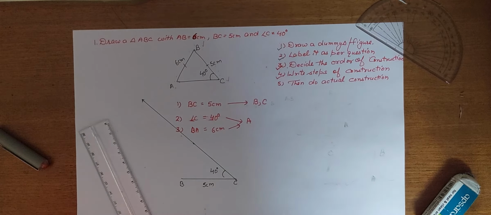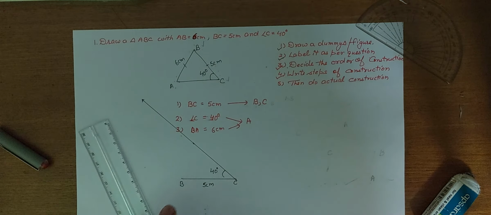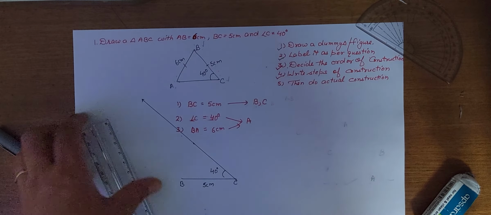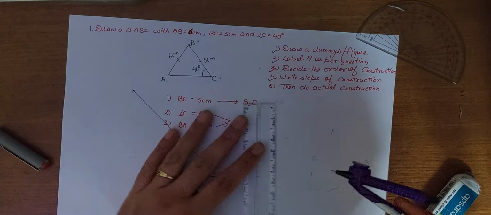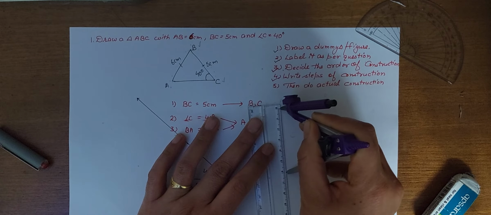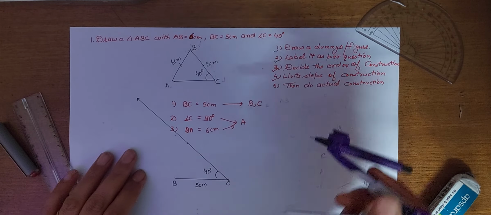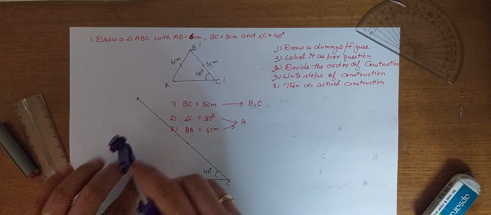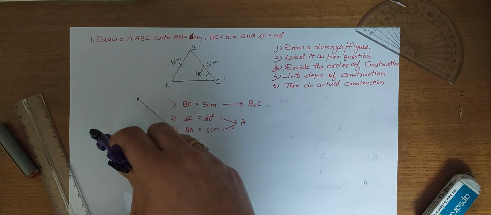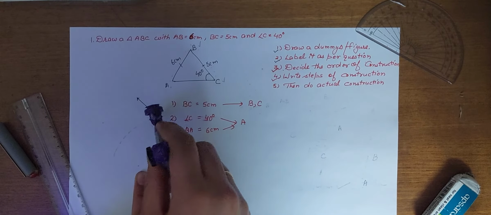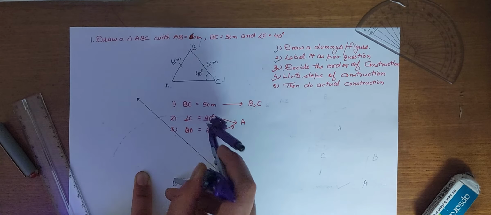So how can we take that? We know that A is at a distance of 6 centimeter from B. So basically we have to choose a distance of 6 centimeter. Let's do this with the compass because it makes the work easy. So it's 6 centimeter from B. There are many points which are 6 centimeter, they all are 6 centimeter.